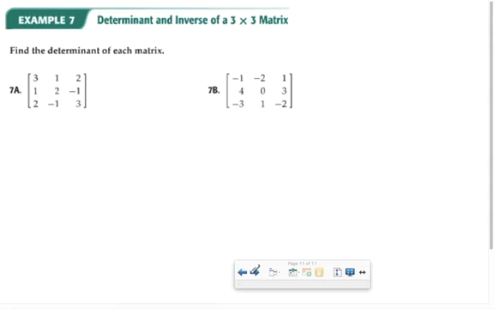For 3x3 matrices, all we will do is find the determinant of it.